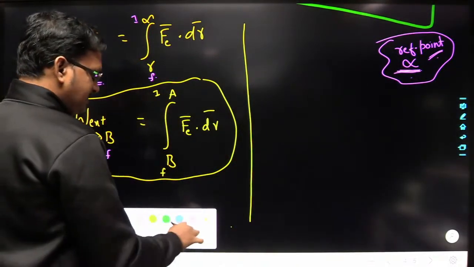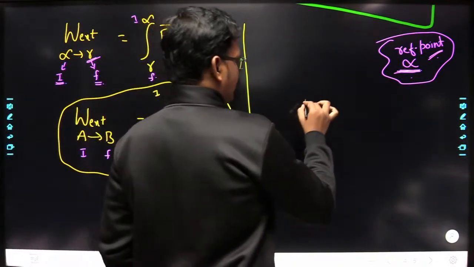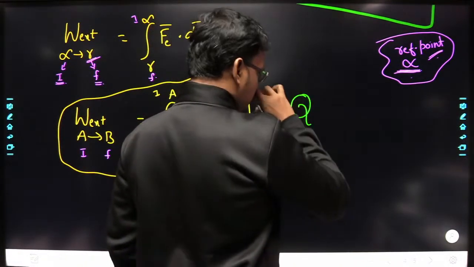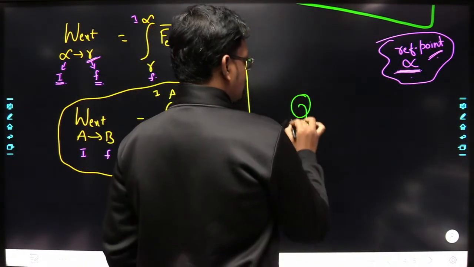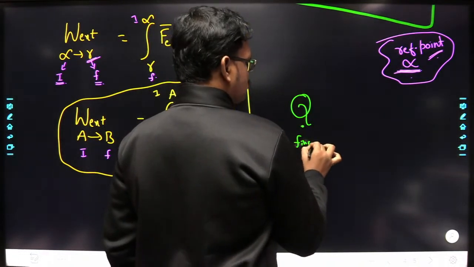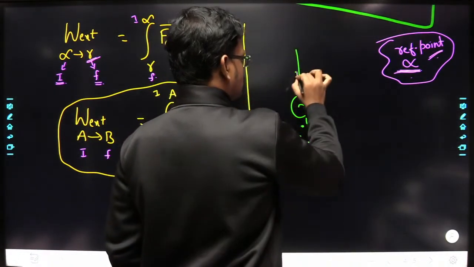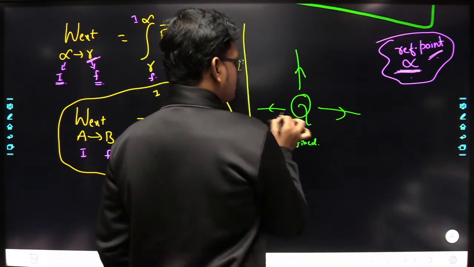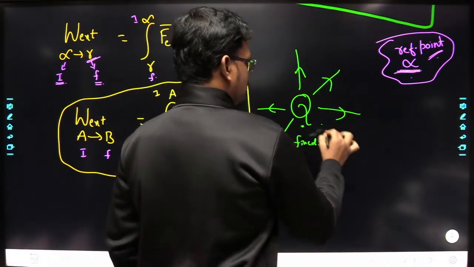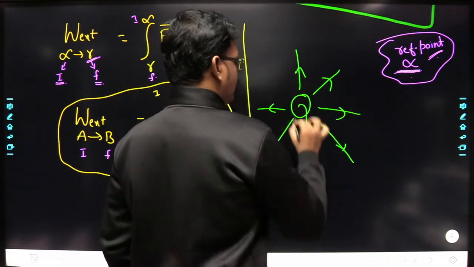Now we have taken a charge capital Q, which is fixed at this location. Whenever it is fixed at this location, it is going to set up some electric field.